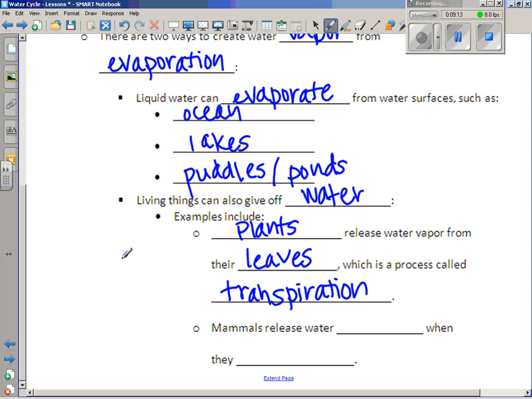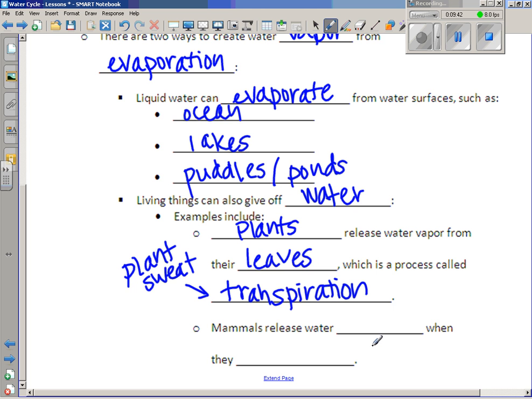We perspire, that's how humans sweat, but how plants sweat is called transpiration. So out to the side, I want you to write plant sweat. That's one way that living things can give off water.